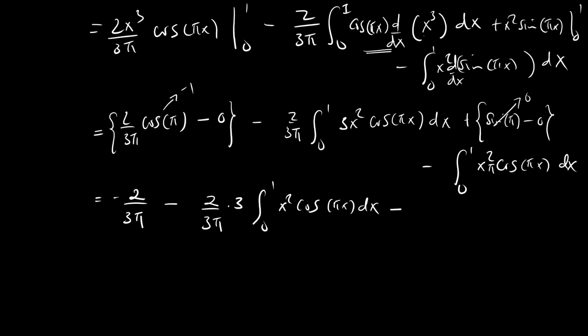So we have minus the integral from 0 to 1 of x squared, there is a pi here, cosine of pi x.